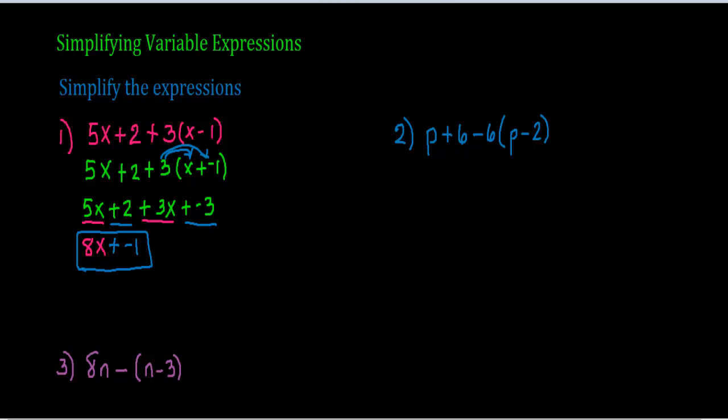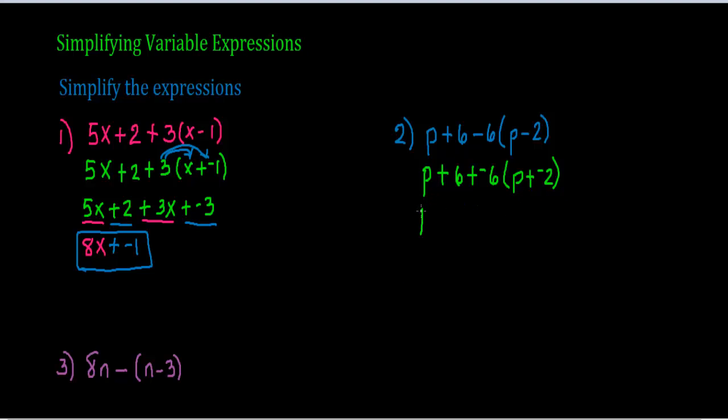Let's do example 2. For example 2, I have a minus here and a minus here, so I'm going to rewrite it. I will rewrite that and change all the minuses to plus negative, okay, plus negative 6, and p plus negative 2, okay? Once I'm done with that, now I have to multiply. I have to use the distributive property.